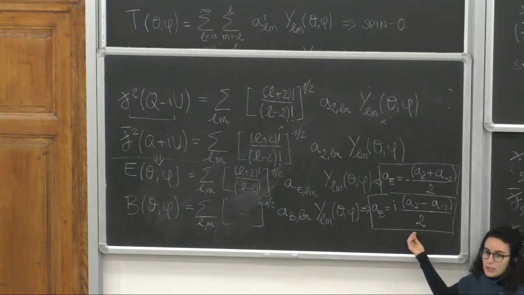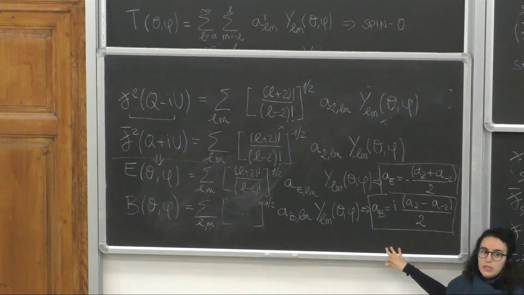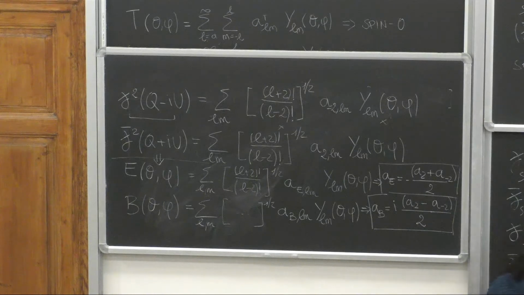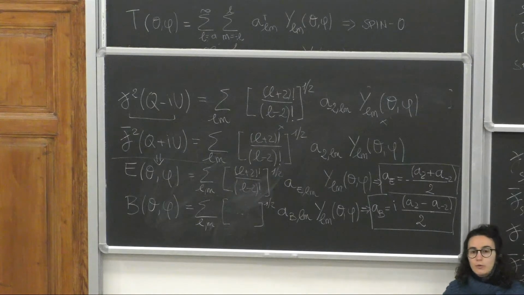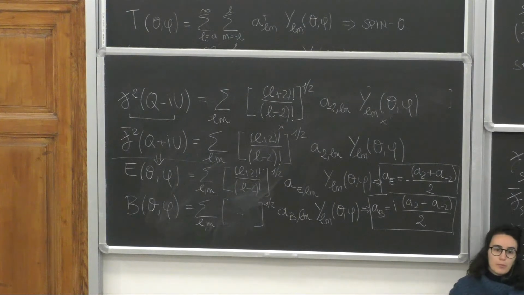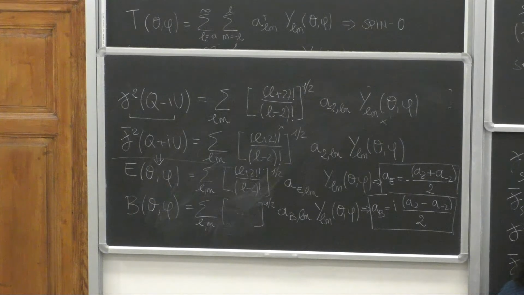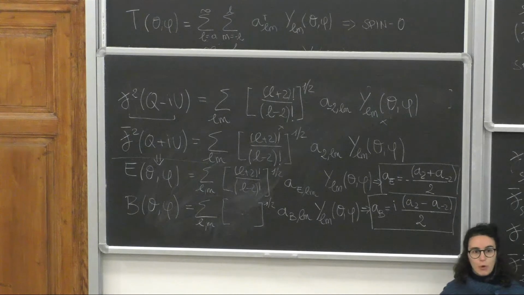Now, this is an important property because in the early universe, at least if we consider the standard cosmological model, we do not expect sources of parity violation. So we will not expect the cosmological probes that are generated by physics acting in the early universe to generate parity violating probes.